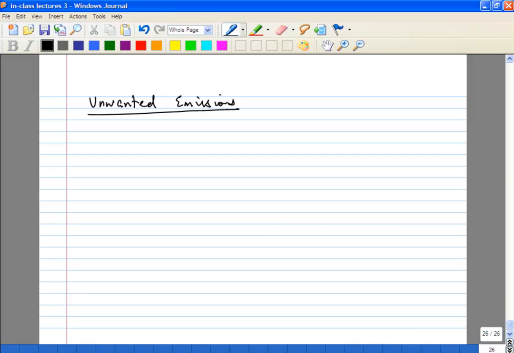Obviously anything you transmit outside the band of interest is going to cause problems for somebody else. So both the standard as well as the regulatory authority have strict rules on what you can and what you cannot transmit. Typically this is given as an emission mask.